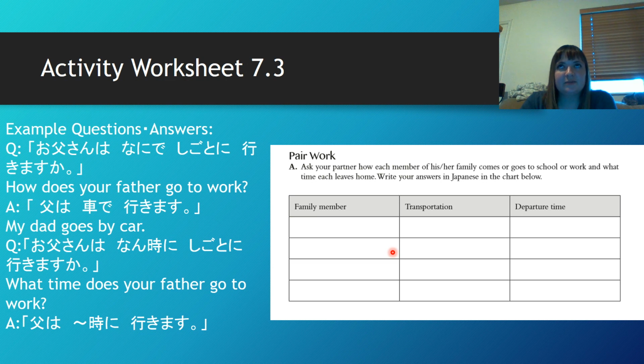And let's say you have a sibling who isn't in school or doesn't work. Pretend that they do and come up with something. If you want to be creative about your mode of transportation, that is up to you. So that is part A. Make sure you pause the video for a little bit and copy down what you need on your paper so that you feel comfortable asking and answering these questions.